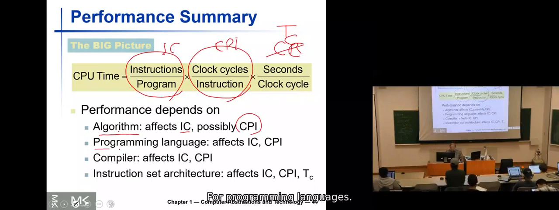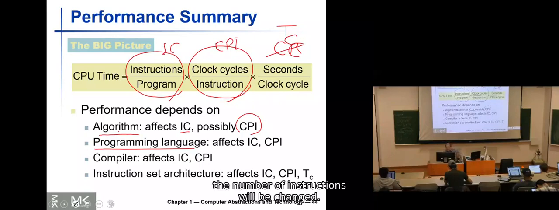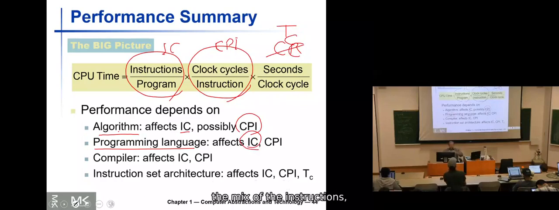For programming languages, you are using C, Python, or Basic, Fortran. You don't know Fortran. So again, based on the programming language, you are compiling the high-level language to low-level, and based on that, the number of instructions will change. And again, we have a different mix of instructions, and the CPI would be different.